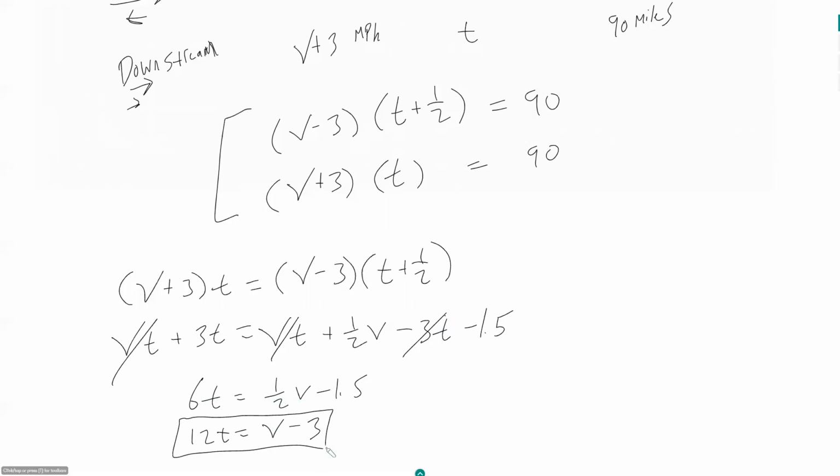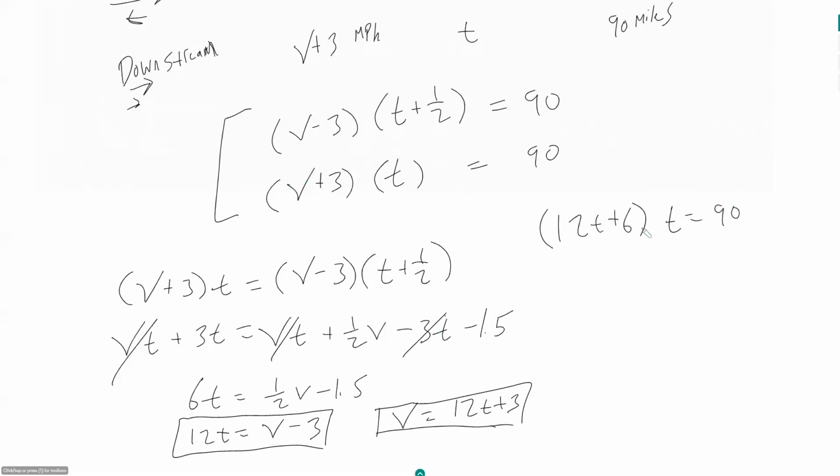So if I want to solve for t, I want to replace my v's with t's. So v is equal to 12t plus 3. So if I plug that in here, I get 12t plus 3 plus 3. So that's 12t plus 6 times t is equal to 90.